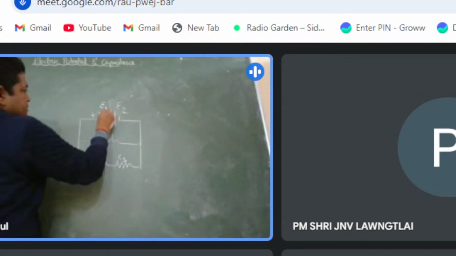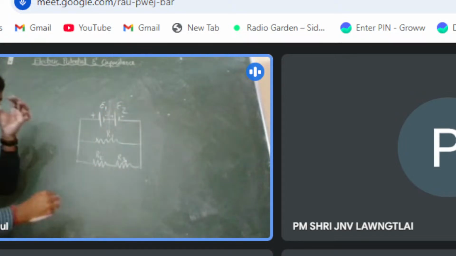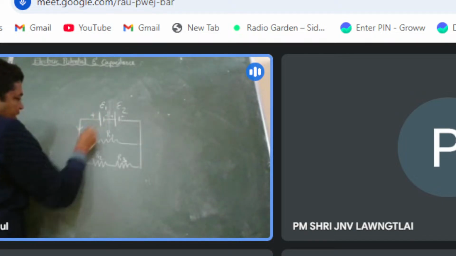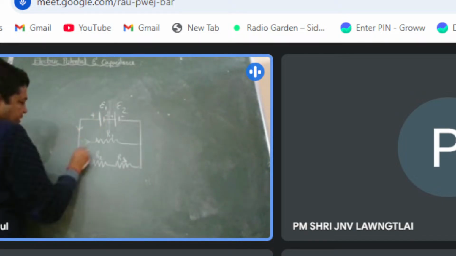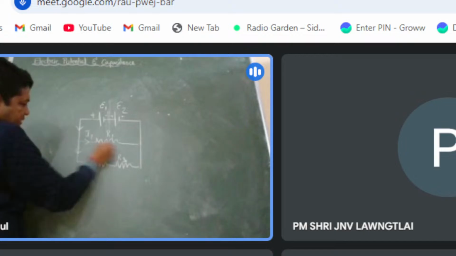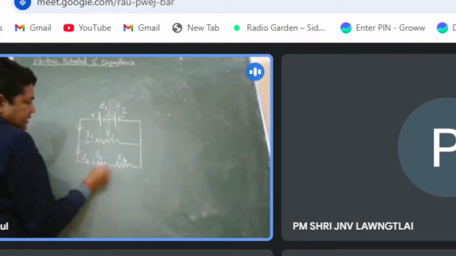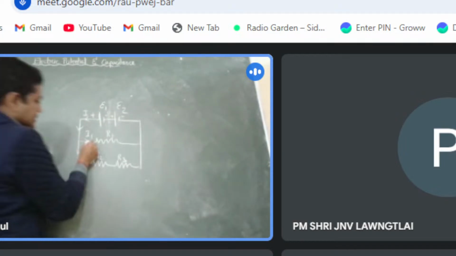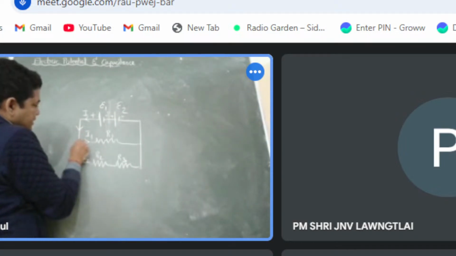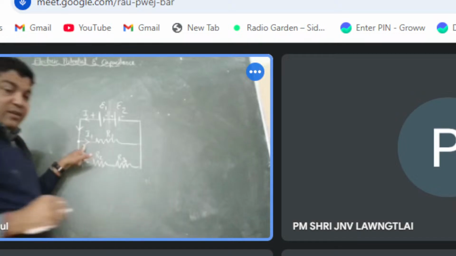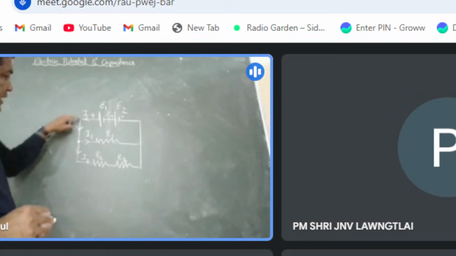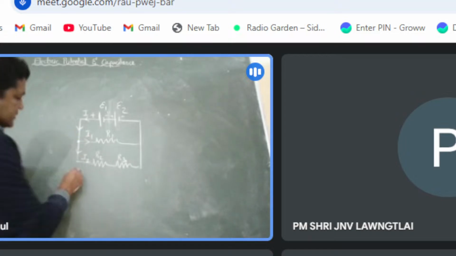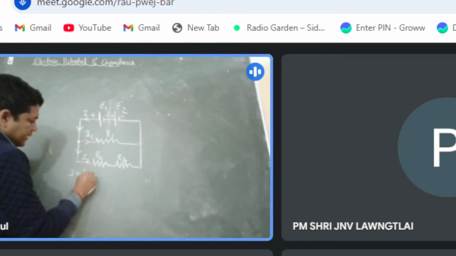So this is plus minus like this one. So here the cell is sending a current and that current is divided into two. Say I1 is entering here and I2 is going to this one. So here the current I was coming. So here we can use Kirchhoff's first law, that the current entering at this point is divided into two. So I must be equal to I1 plus I2.